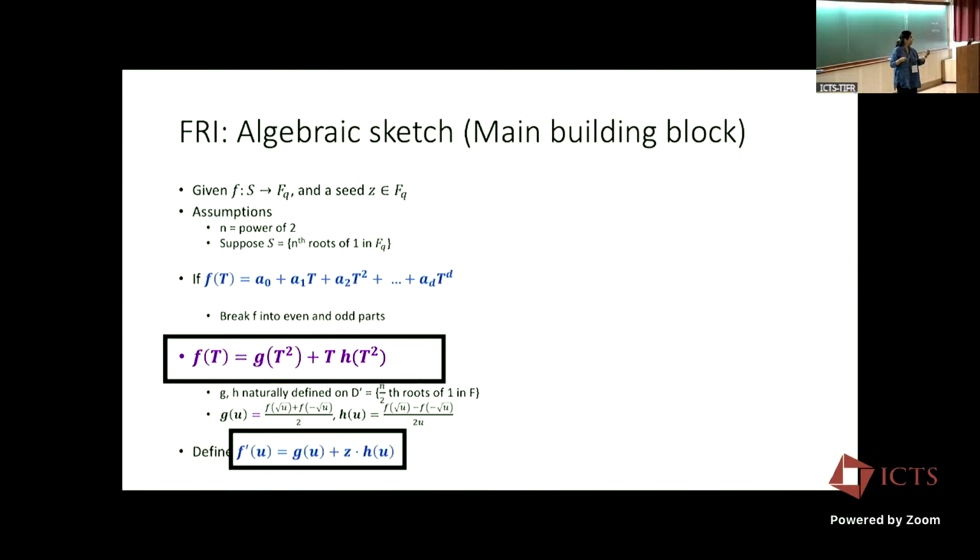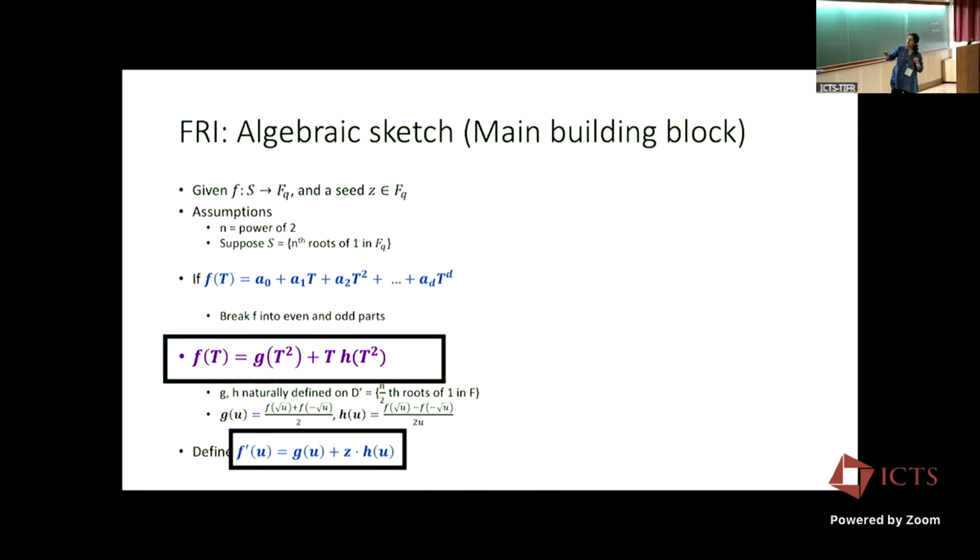And you can write f as some polynomial combination of g and h. Notice that there's some locality in the definition: the evaluation of g at any point depends on the values of f at 2 points, and the value of h at any point depends on the value of f at just 2 points.